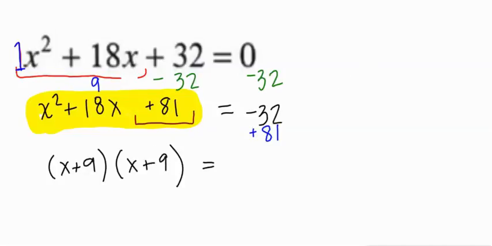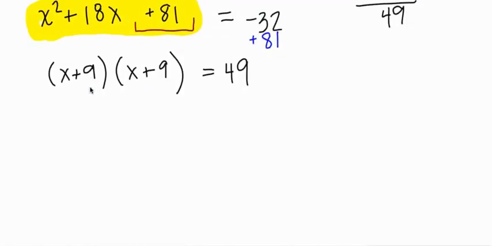And over here, I have 81 minus 32, which is 49. Now, this left-hand side of the equation can be condensed to be x plus 9 quantity squared equals 49.